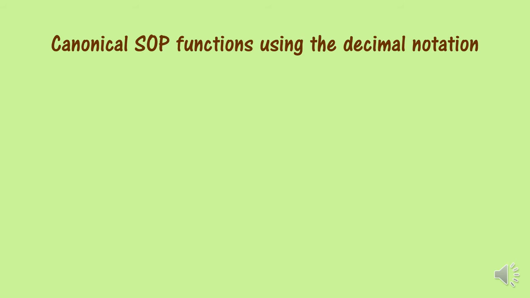We talk about this topic. What is canonical form? Expressing a Boolean function in sum of product or SOP form, or product of sum or POS form, is called canonical form.